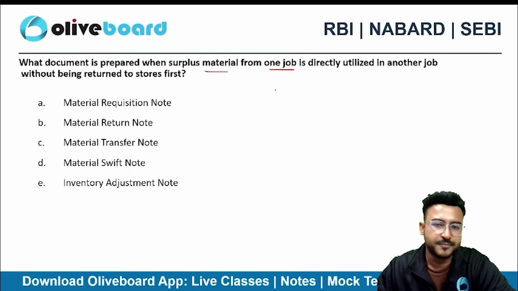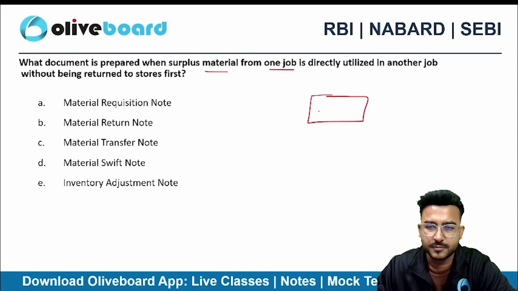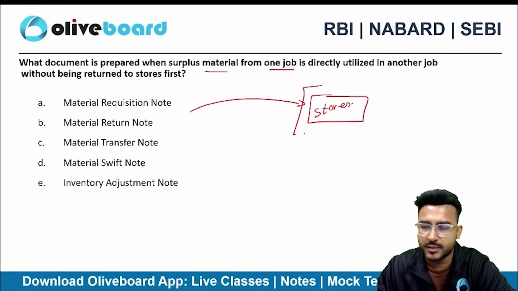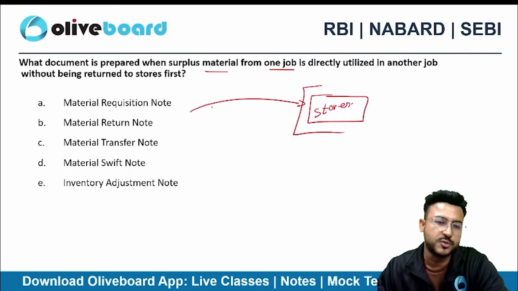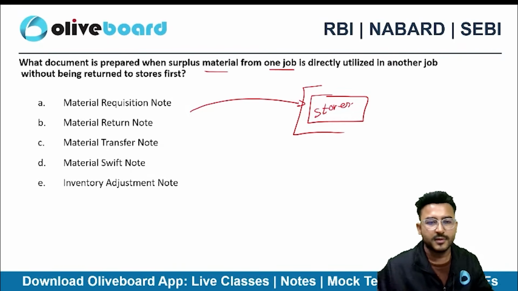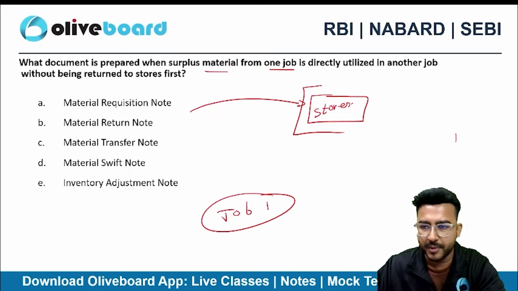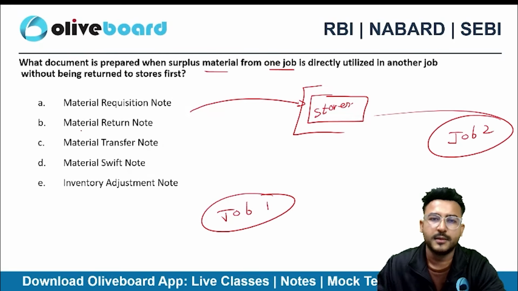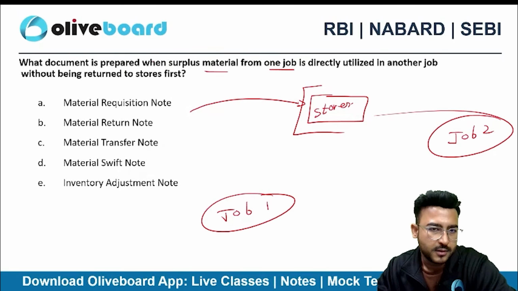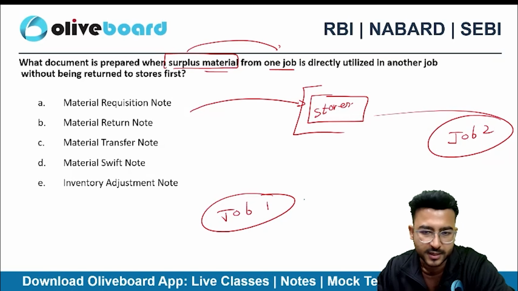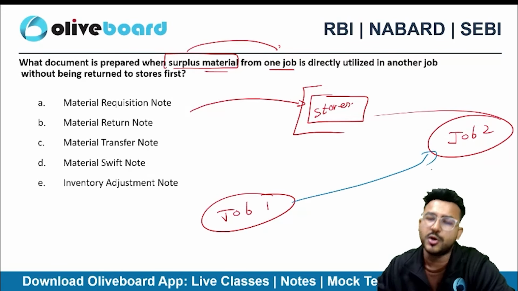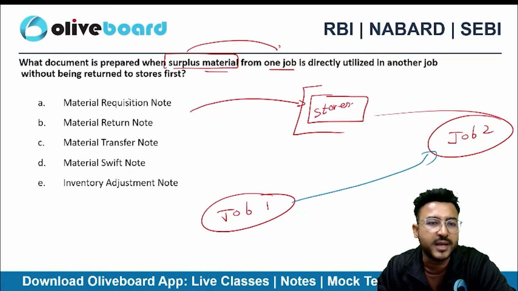Look what happens. We have stores. Whenever we buy a material, we always store it in the stores ledger, right? Now there's job number 1 and job number 2. What I'm doing here is transferring the surplus material directly from one job to job number 2 without returning it to the stores.